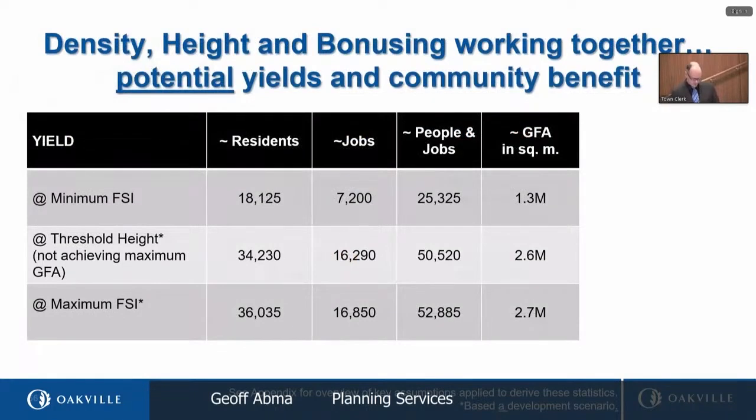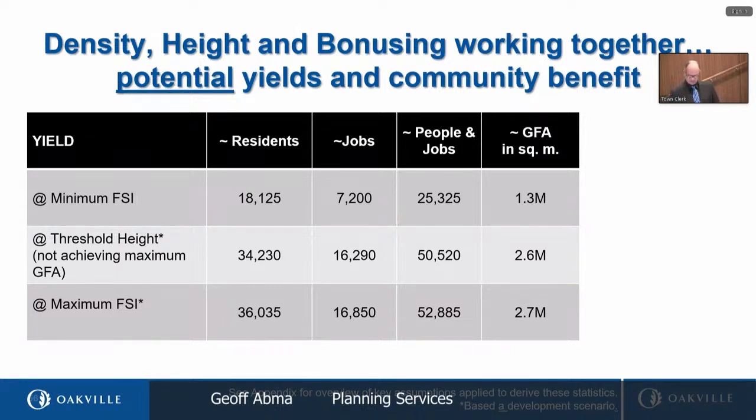So when you do this exercise for all the various blocks within Midtown using similar assumptions, we can estimate possible resident and job yields in all of Midtown. For example, the top line is at the minimum FSI. If every parcel in Midtown developed only at the minimum, we estimate that we would result in 25,325 people and jobs in Midtown.